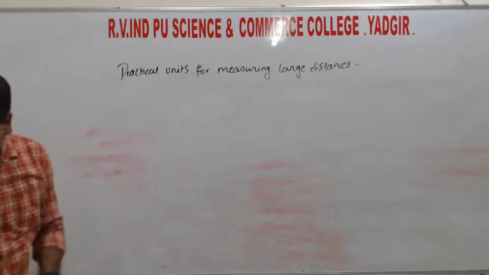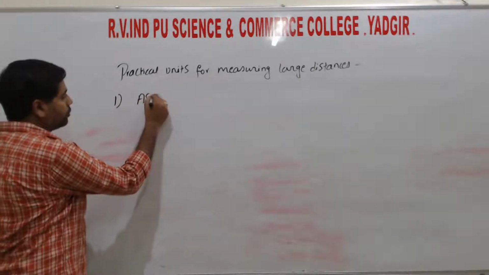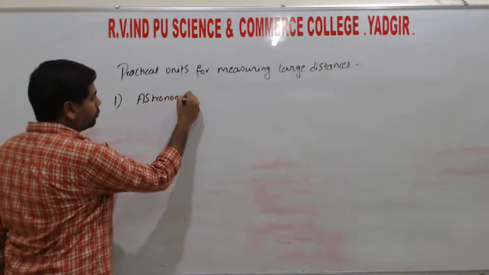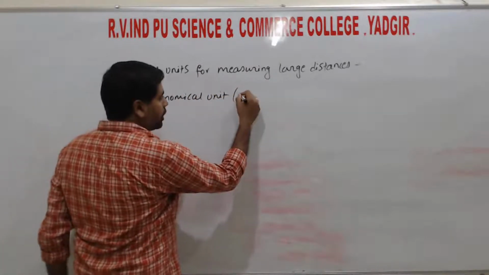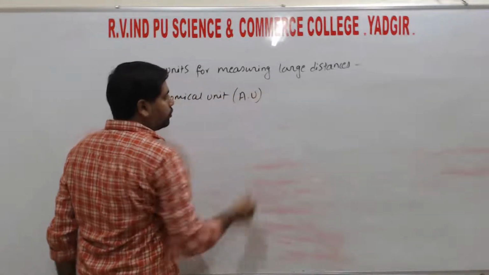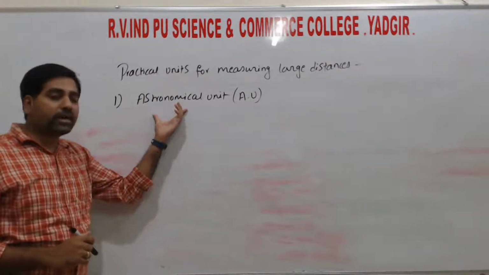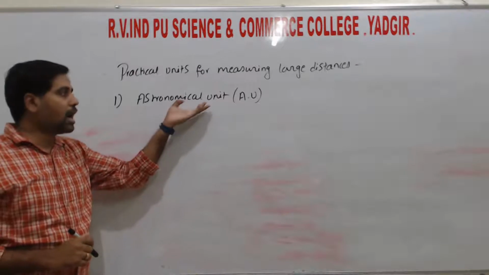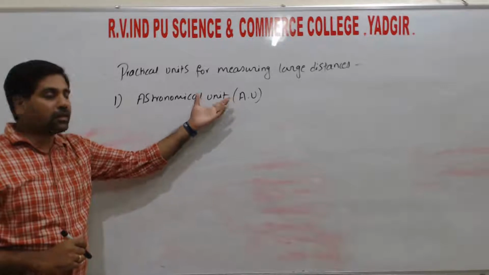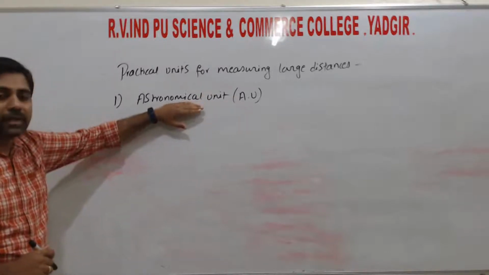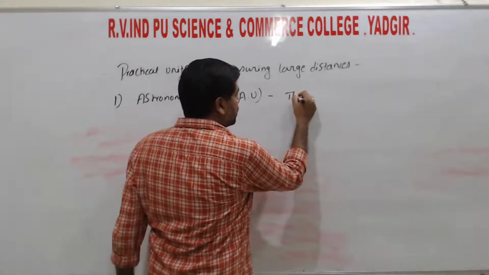In that, the first one is the astronomical unit, denoted by A.U. So what is an astronomical unit? The astronomical unit is the distance from the center of the earth to the center of the sun. That distance we call an astronomical unit, right?